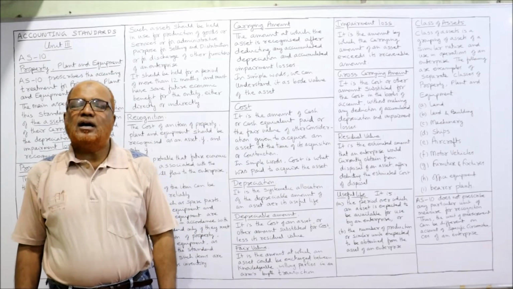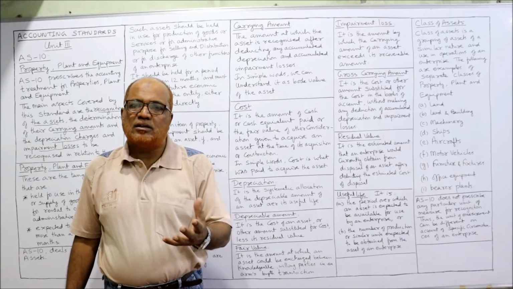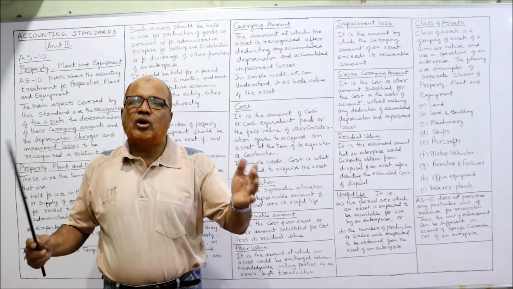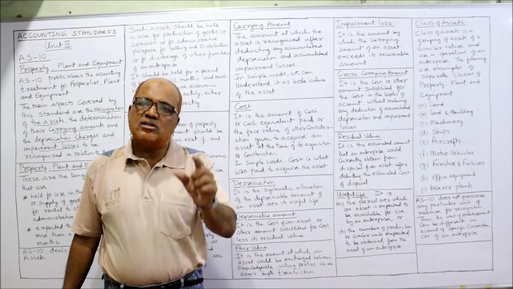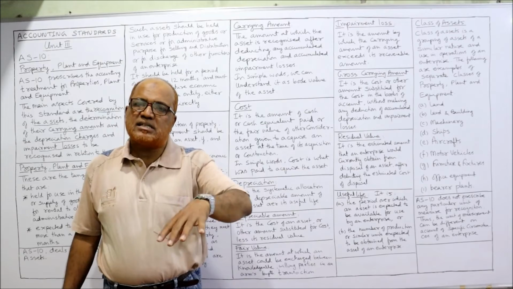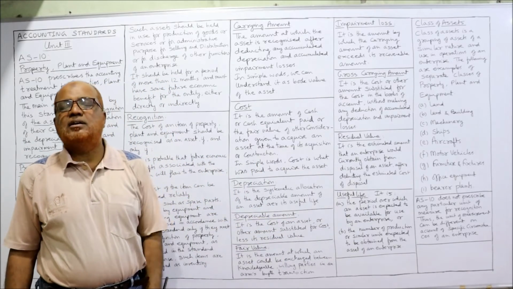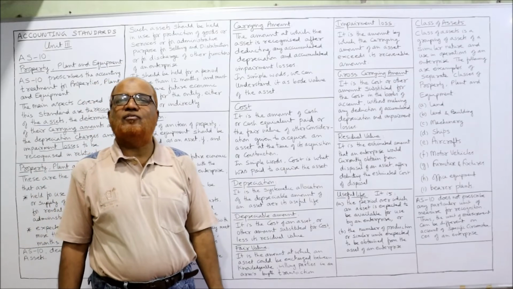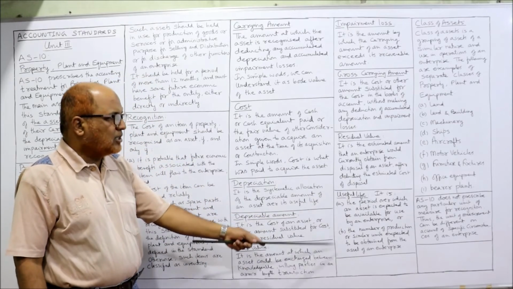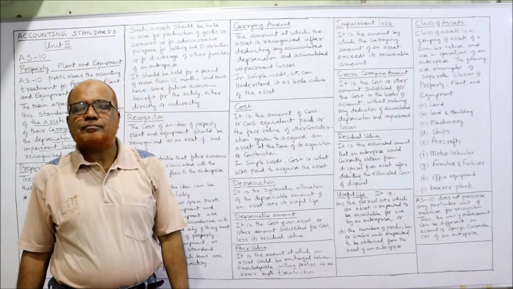Secondly, the expected number of units of production we can get with the help of this machine. How many units can this machine produce? That is also called useful life. So useful life can be expressed either in terms of life period, years, or it can be expressed in terms of units. How many units we can get? That is useful life.